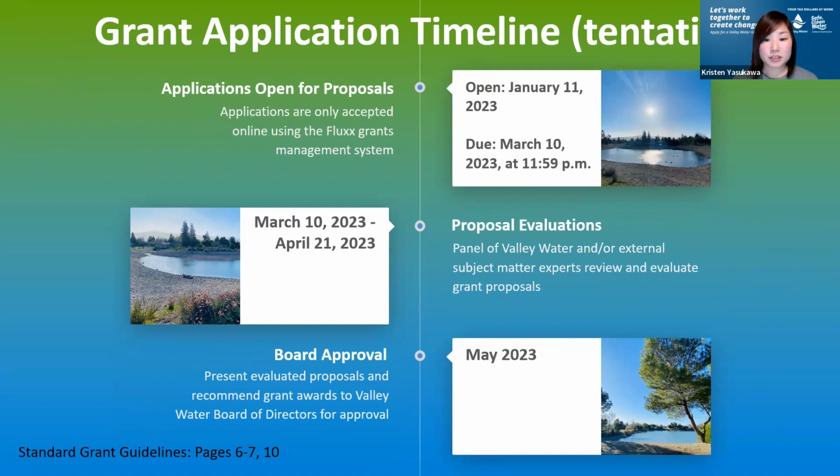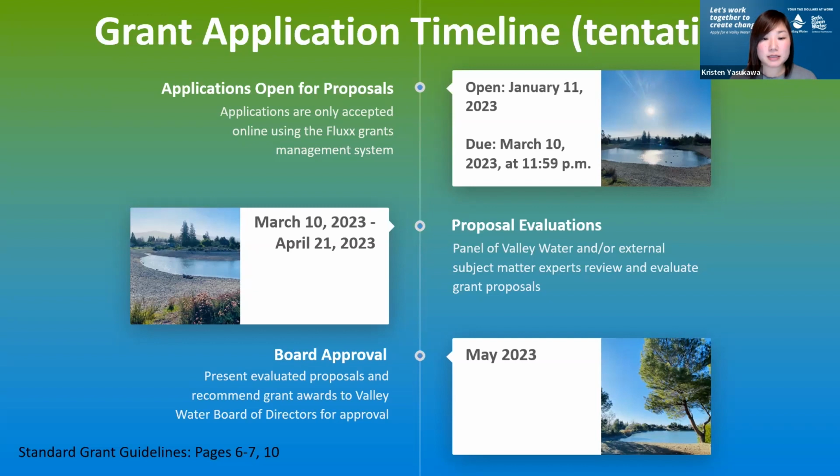Our applications are due on March 10th, by 11:59 p.m., and no applications submitted after that time will be considered. So we encourage everyone to get a head start in looking at it and getting your application started early. This is the second workshop that we're hosting, and our next and last one will be on March 1st. So you'll see that there.